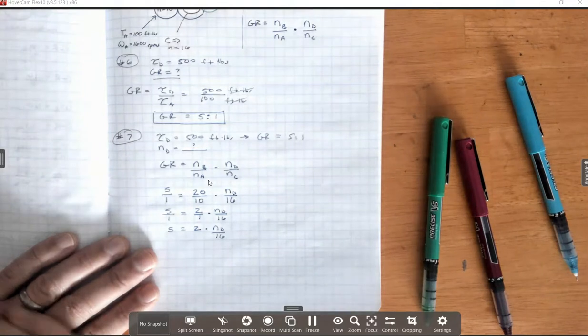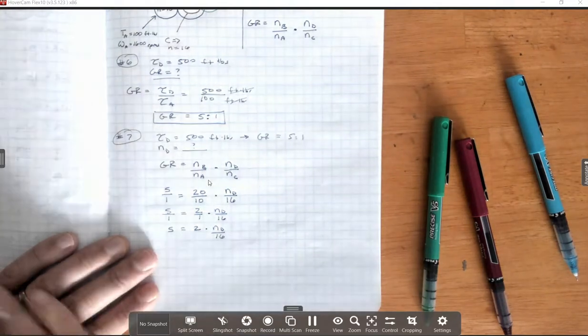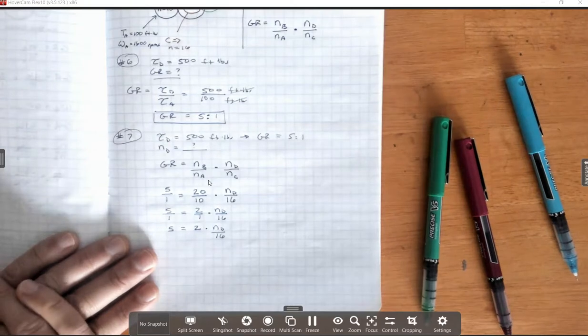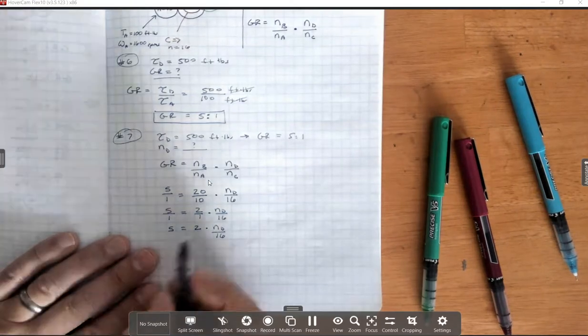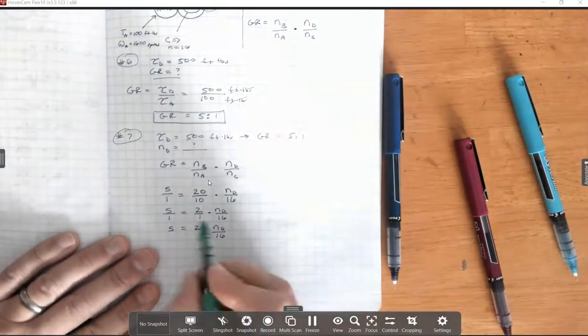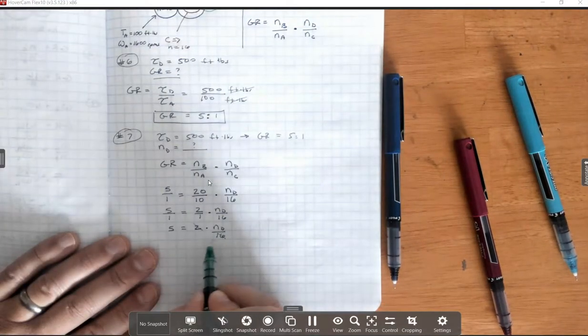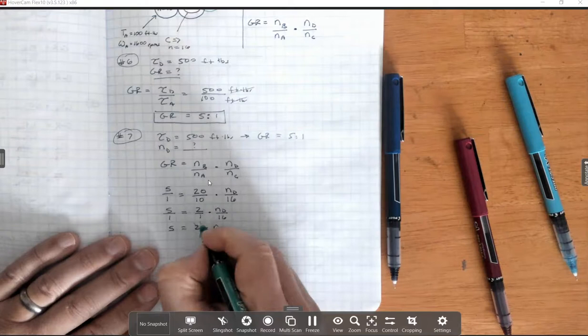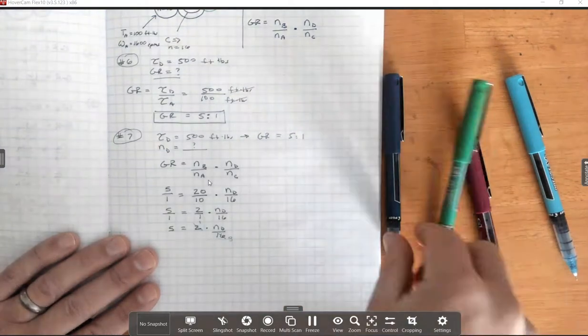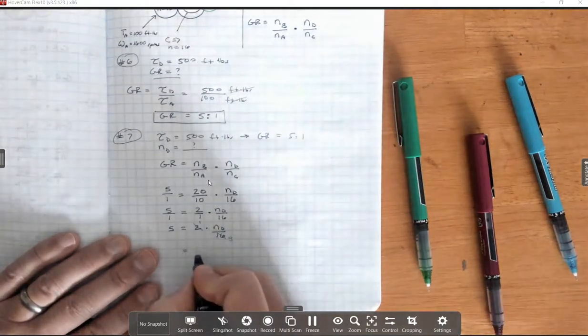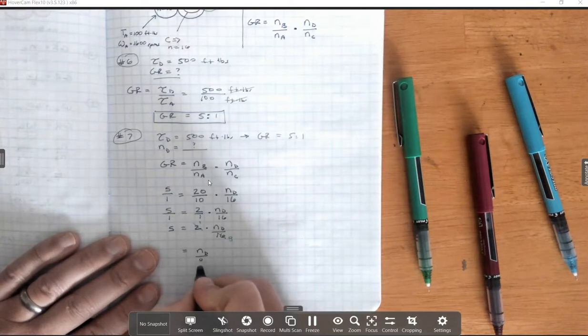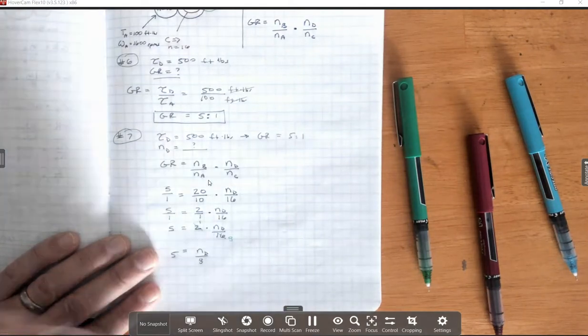And I need to work on getting rid of the 2 and the 16. There's obviously different ways to do it. One way is I can reduce. This is really like one big fraction, so 2 and 16 can reduce to 1/8, and I get ND over 8 is equal to 5.